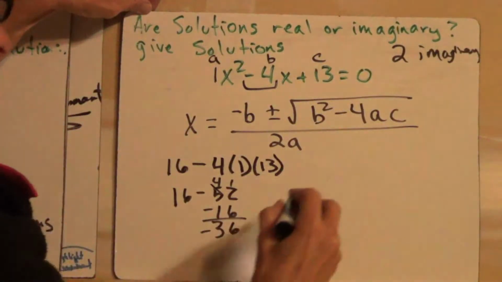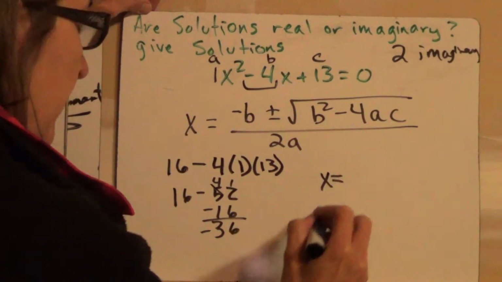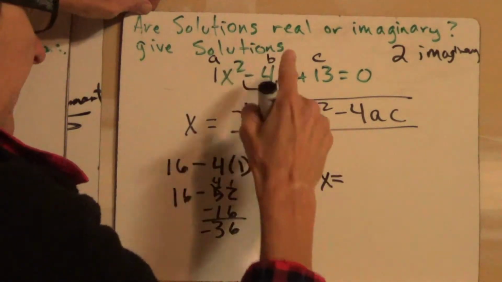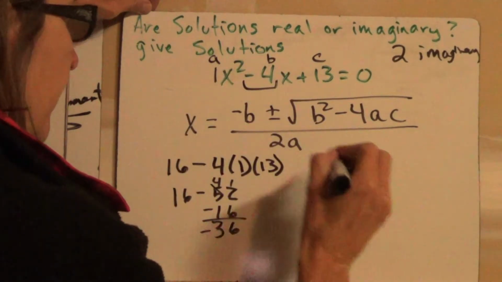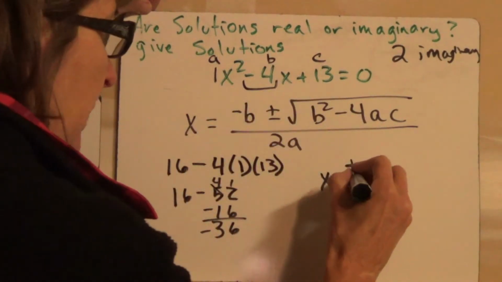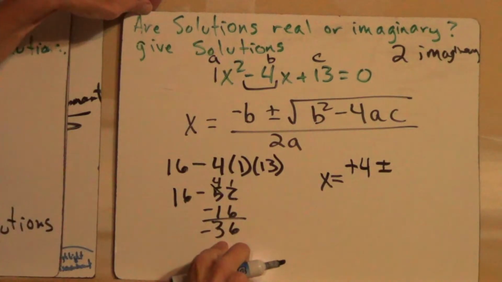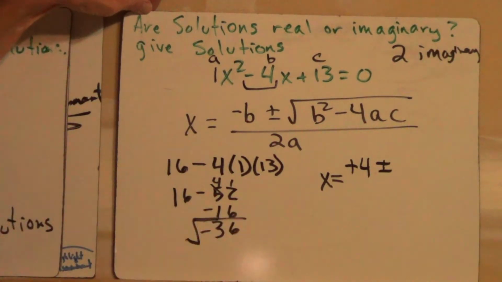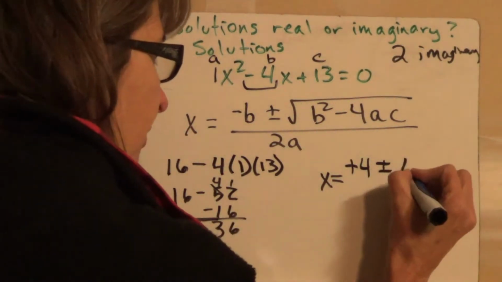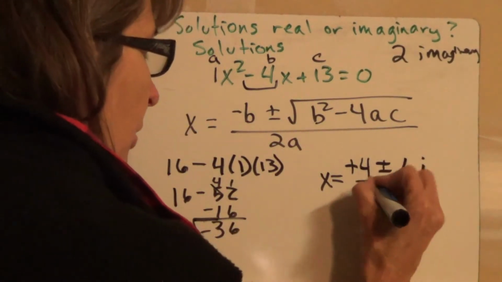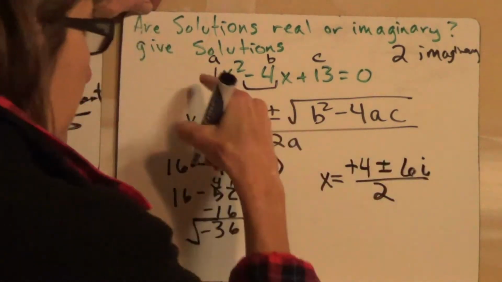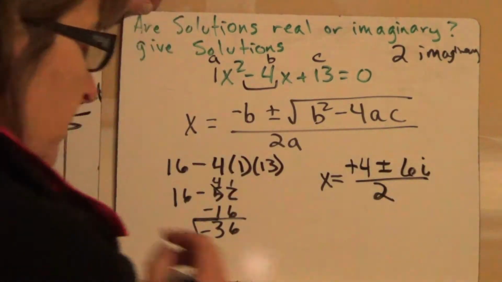Now I go ahead and find them. x equals negative b, negative, and then we have a negative 4, so that'll make it a positive 4, plus or minus. Now, what is radical negative 36? Hopefully you say 6 is the root of 36. So we have 6i over 2 times 1, which would just be 2.